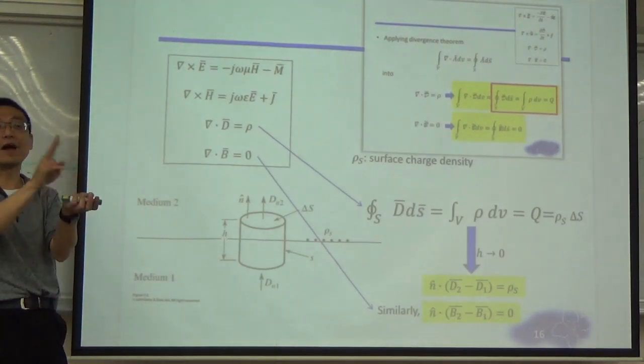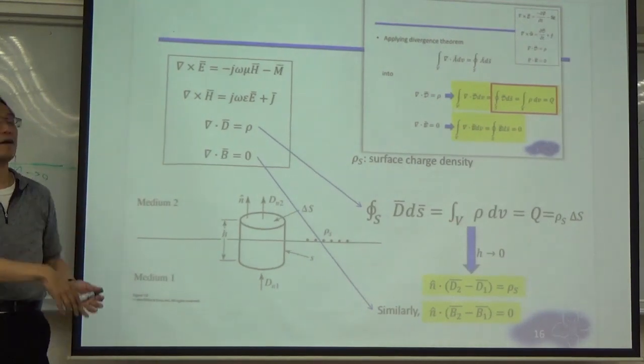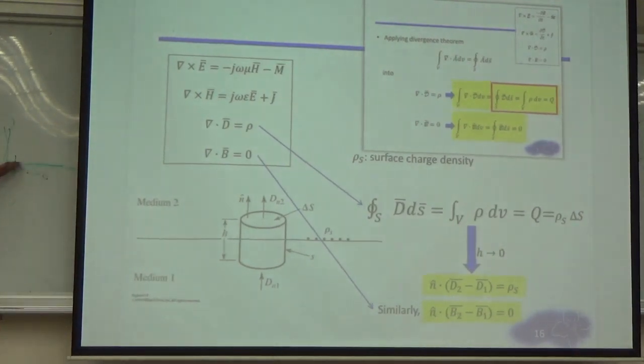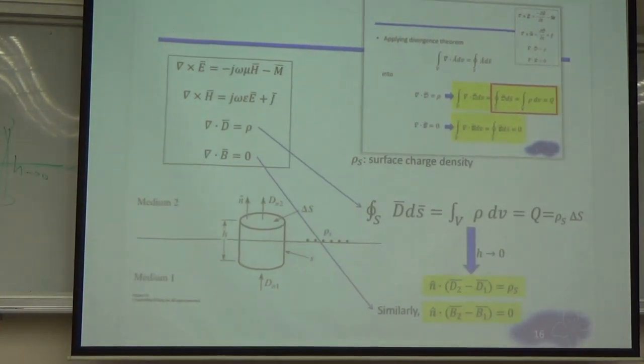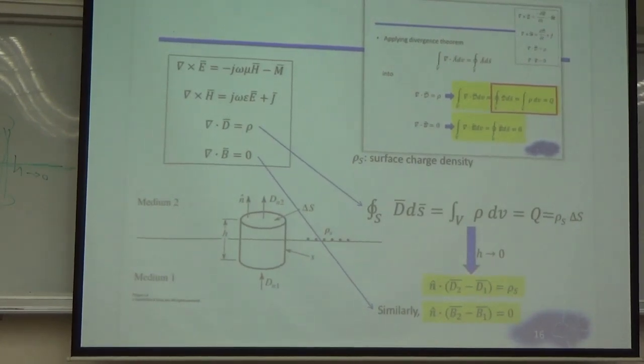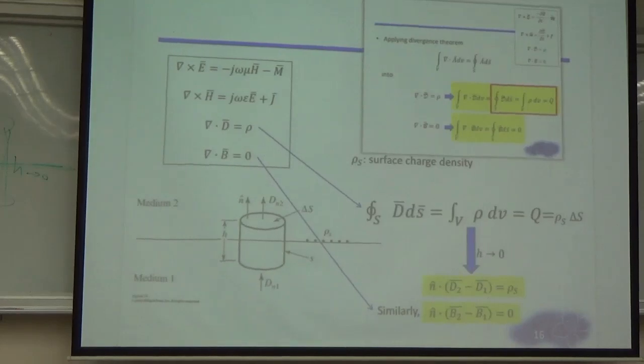But there are two surfaces. For medium 2, you consider this one. For medium 1, you consider this one. What is the difference between these two surfaces? Epsilon. You mean very close. I know you understand.